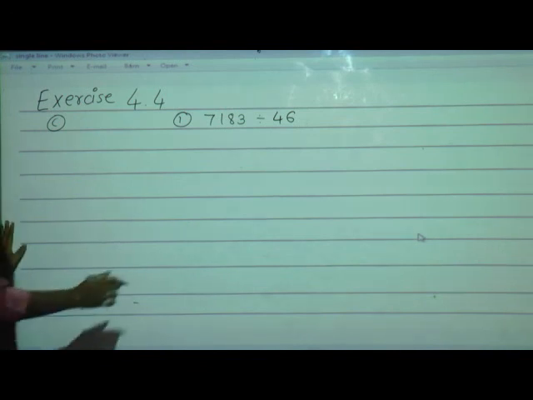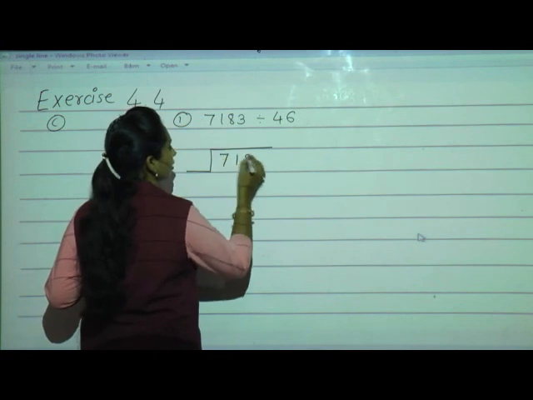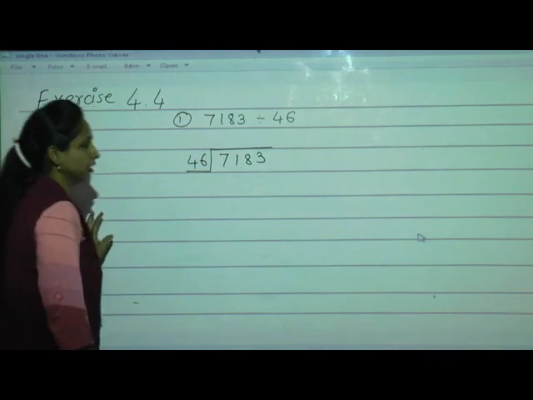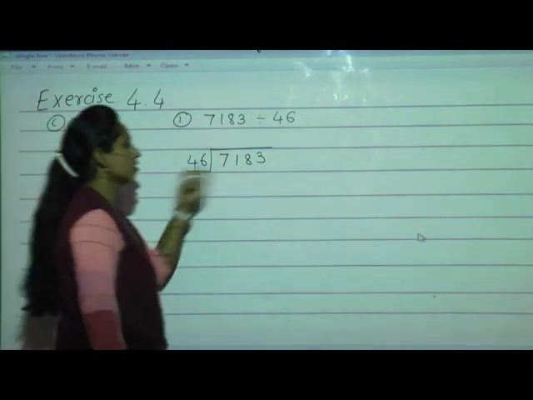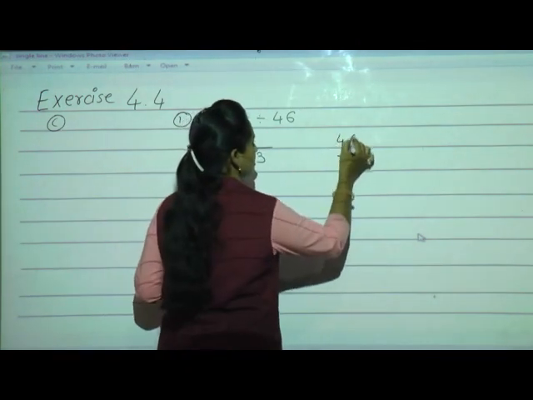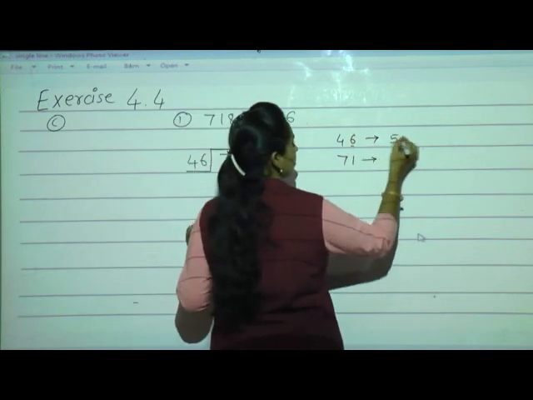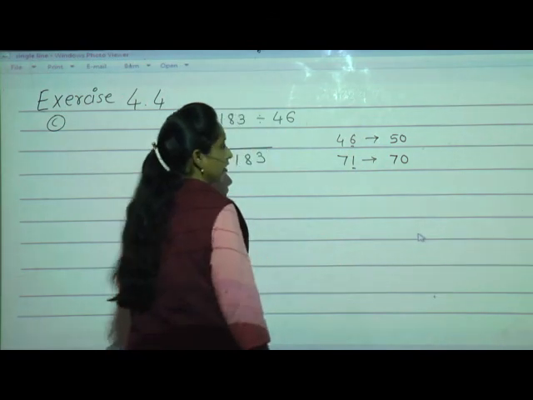Now write the number. Now we will go with the 2-digit number, that is 71. Now 71 and 46, rounding to the nearest number: 46 means 50, 71 means 70, isn't it?